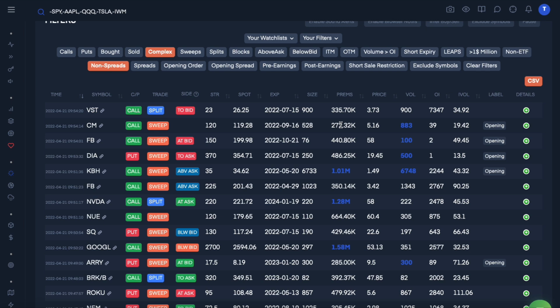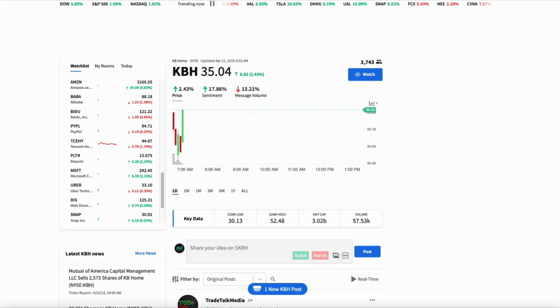Someone is spending a lot of money on buying calls, market makers are selling that, but as soon as they sell it, they hedge by buying tons of shares in the underlying stock, and those shares are related to the delta of the contract plus the premiums. So you have two forces: people are buying calls and market makers are pushing the price higher as well, because they are buying a lot of shares. That's why when there are large premiums and open positions, you'll often see a quick move up, and you can see that here.